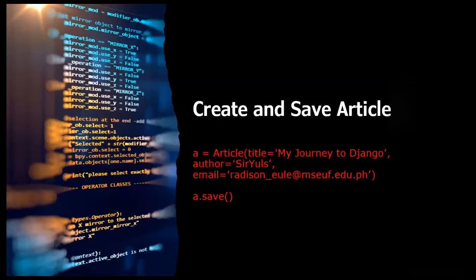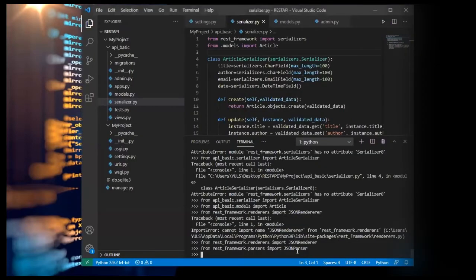Okay? So, after that, let's try to create our first article. By using, we're going to declare variable a as our article. So, Article, yung name ng ating model. So, si title, ang lalagay natin is My Journey to Django. Okay.